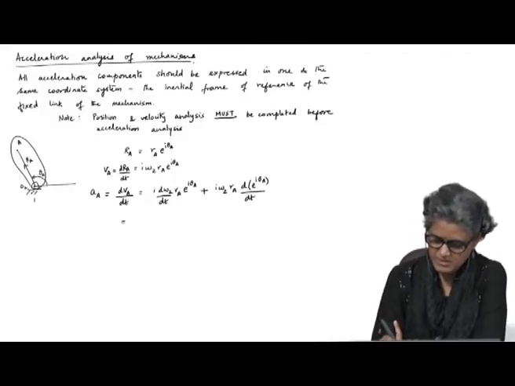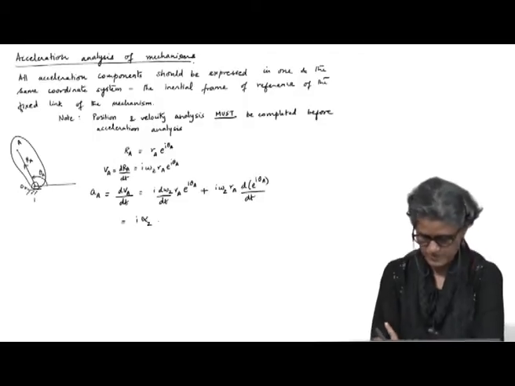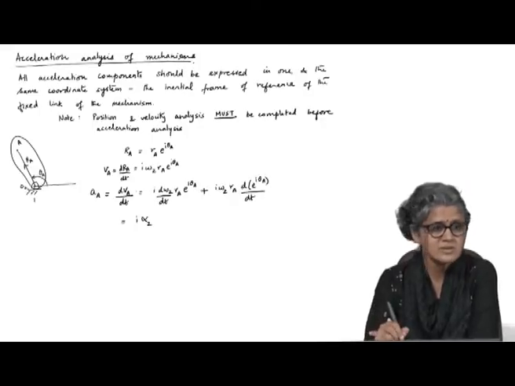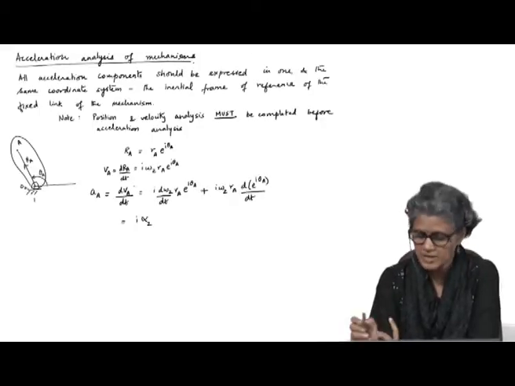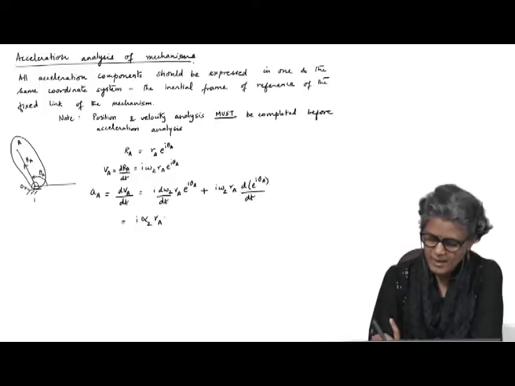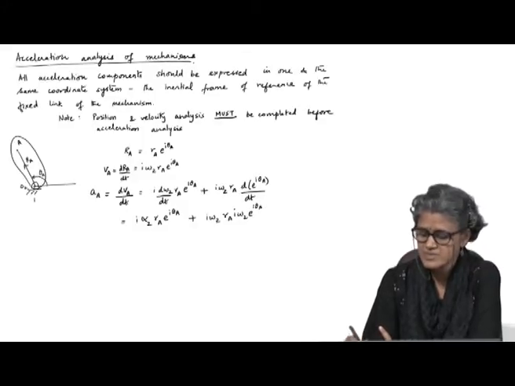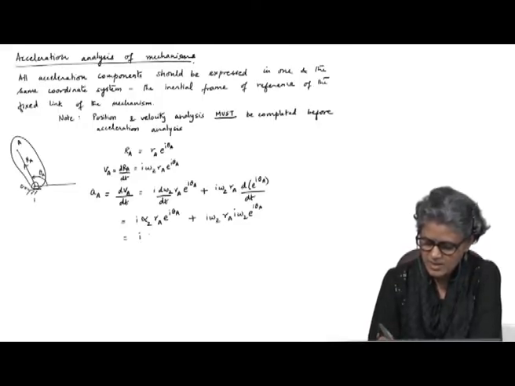So, this gives me i alpha_2 R_A e^(i theta_A), where the change in the magnitude of omega_2 is called the angular acceleration alpha_2, plus i omega_2 R_A times i omega_2 e^(i theta_A).